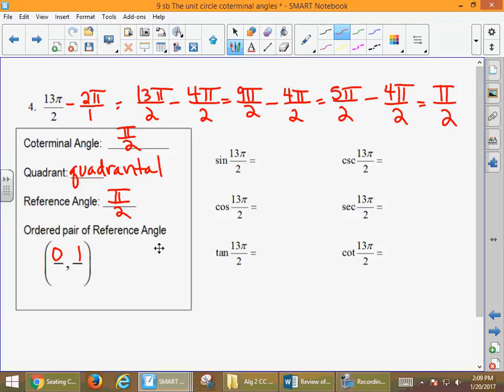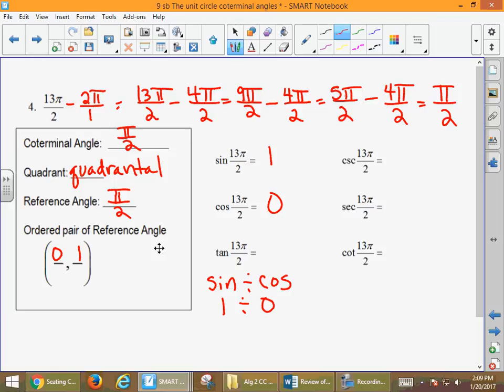So then we can fill in our values. Sine of 13 pi over 2, sine is the second value. Cosine of 13 pi over 2 is 0. Tangent, once again, is sine divided by cosine. So this would be 1 divided by 0.